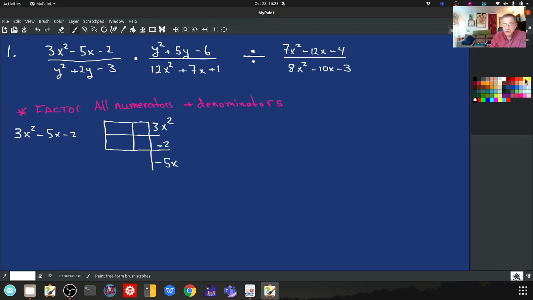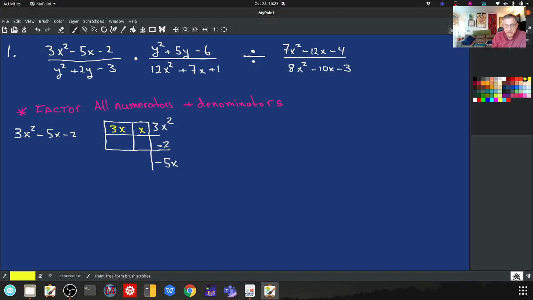I'm just going to do that for all of these, because the methodology here has already been explained to you in our chapter 5. What's good about 3x squared is the 3 is prime. So that gives me no choice but to put 3x there and an x there.